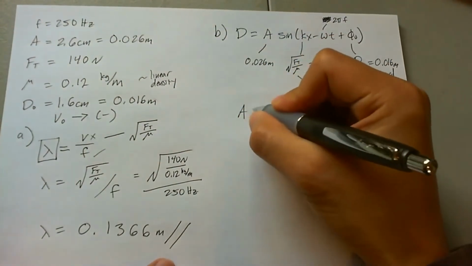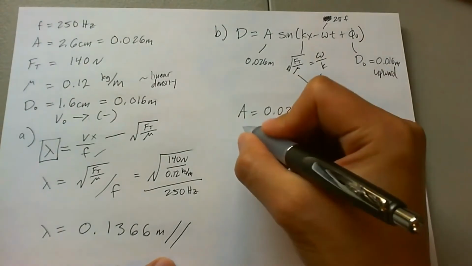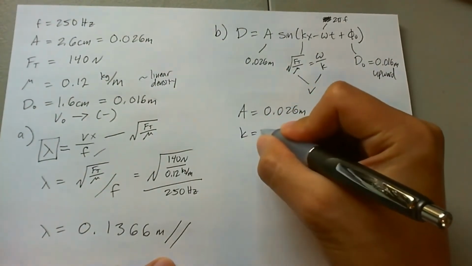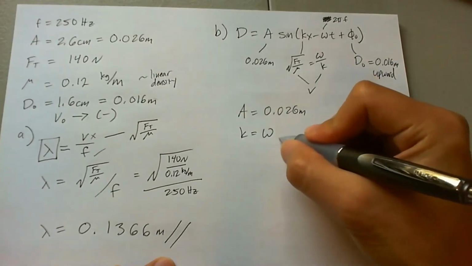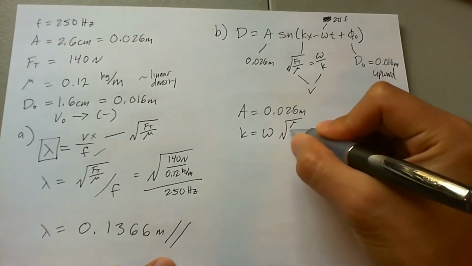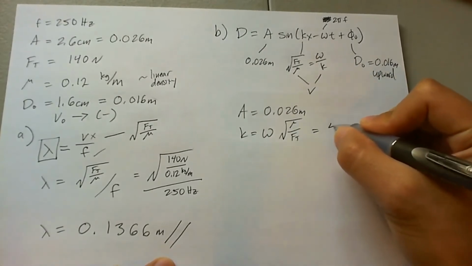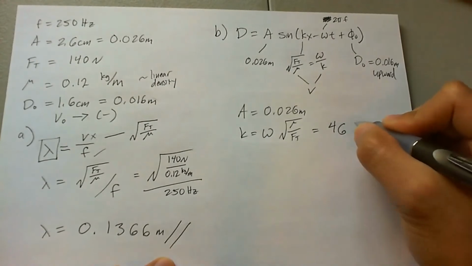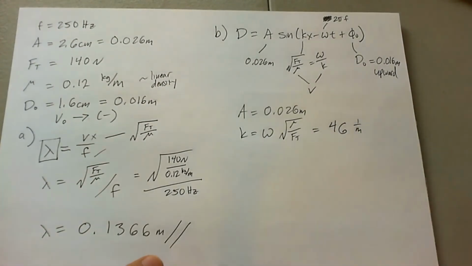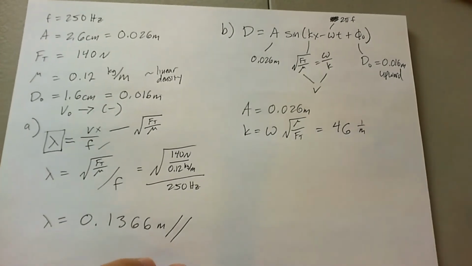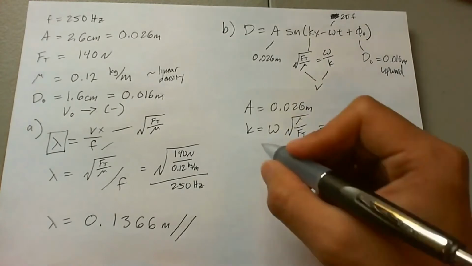For A, I'm just going to affirm that we know it. k is going to be omega divided by the velocity, or omega times the inverse. If you plug in all the numbers, it's going to be 46 1 over meter. That's the unit for the wave constant k, not the spring constant. So it's 1 over meter.